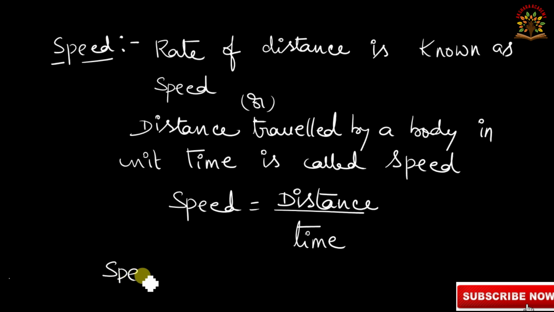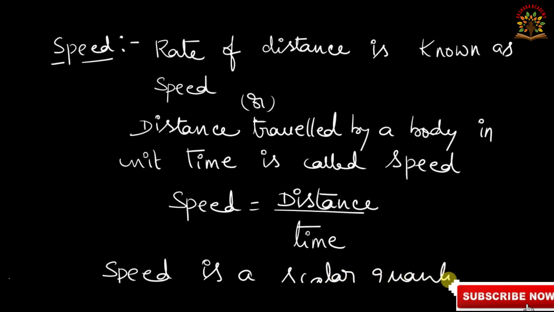Speed is a scalar quantity. Next, units. Speed is equal to distance by time.